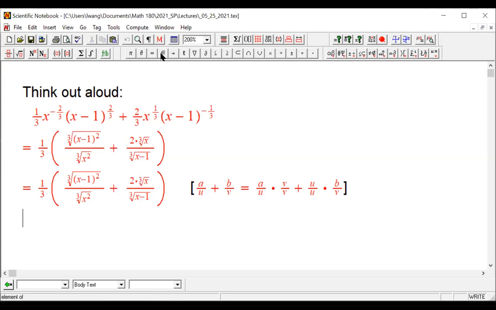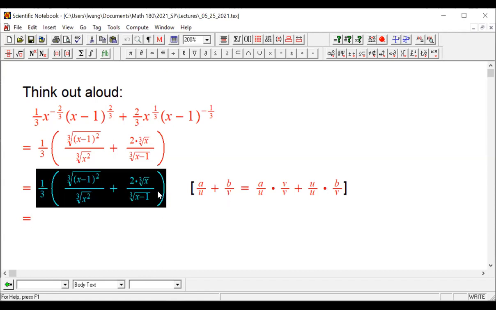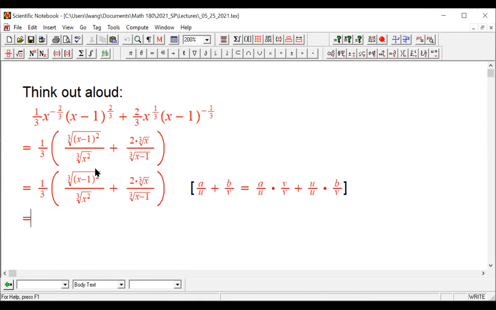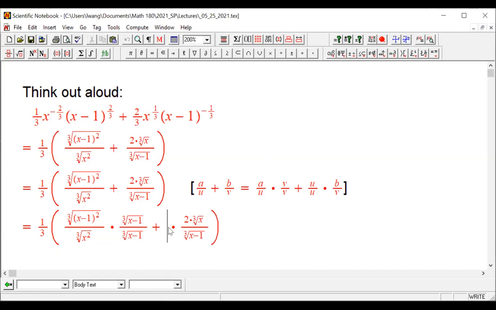But you can do it. So with that guideline, I'm going to take this piece and multiply by v over v, creating that one. And the other piece, I'm creating that situation. Do you follow me?